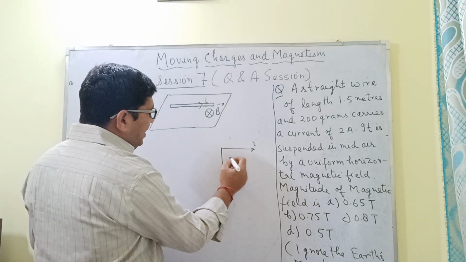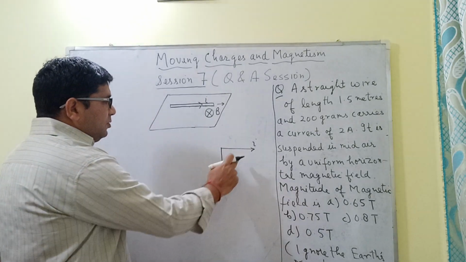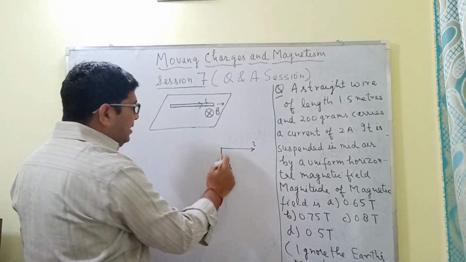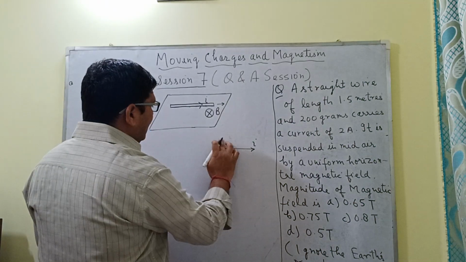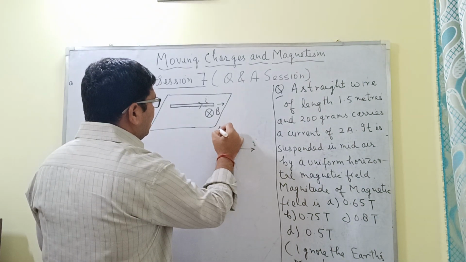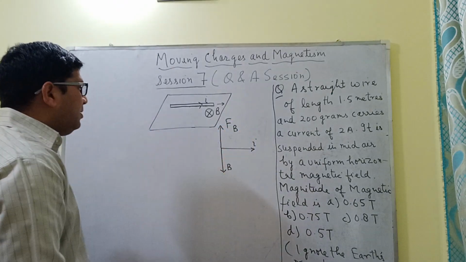So the magnetic force, because it is always perpendicular to the velocity of the charge and the magnetic field, will be acting in the upward direction, like this. Here I am denoting this magnetic force as FB.